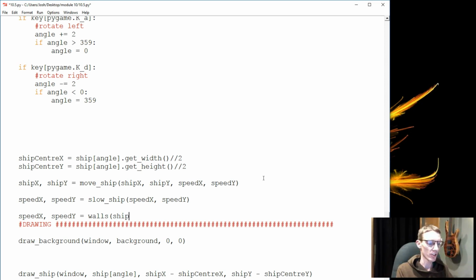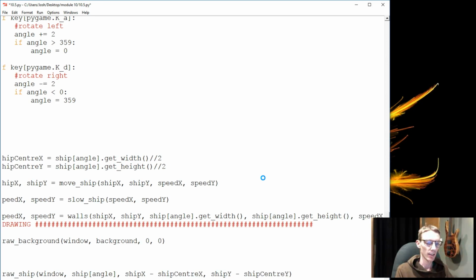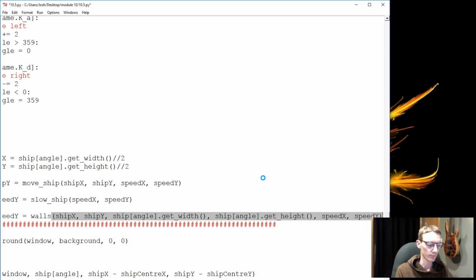Now it's our ship x, our ship y, our width, right? So we can say ship x, our ship angle dot get width. So we're going to pass it the width, and we are also going to pass it the height, along with the 2 speeds, speed x and speed y.